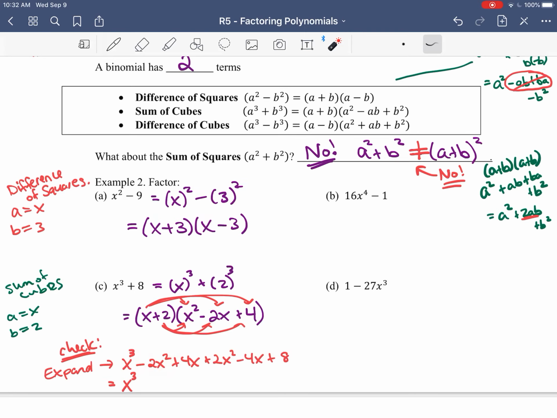So I see negative 2x squared and a positive 2x squared. So those actually are going to cancel out. Similarly for x's, I see positive 4x and then a negative 4x. So those are going to cancel out. So I'm just left with x cubed and then plus 8. Okay, so that checks out. Again, I'm going to leave these other two for you to try.